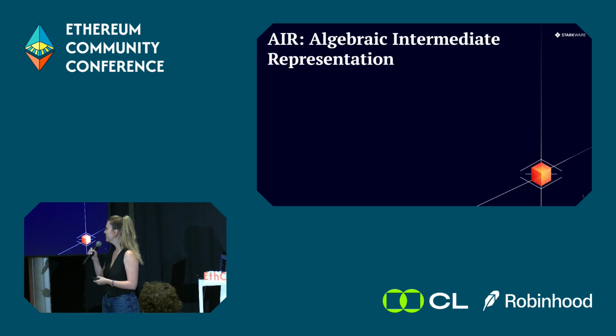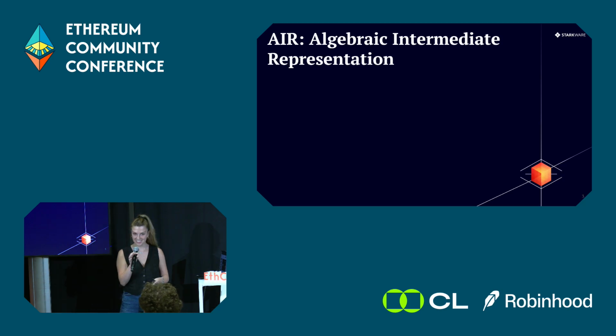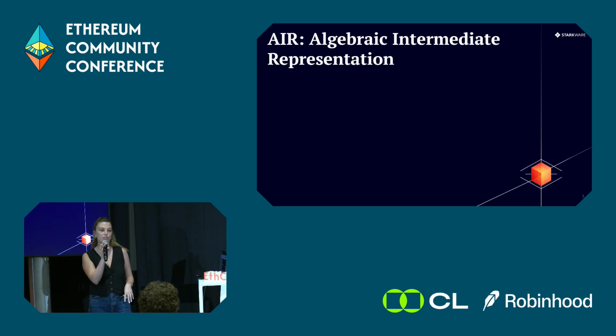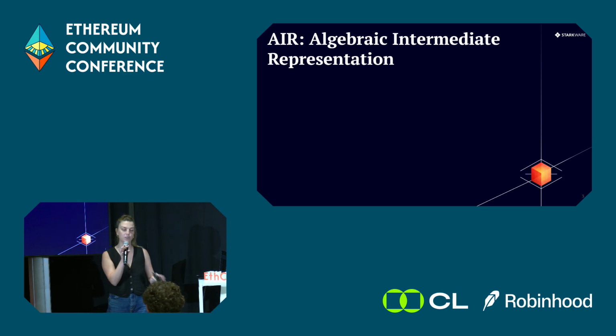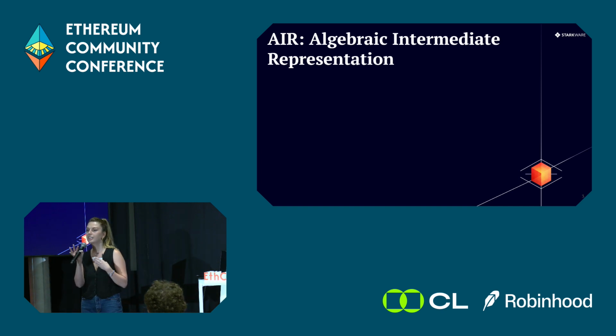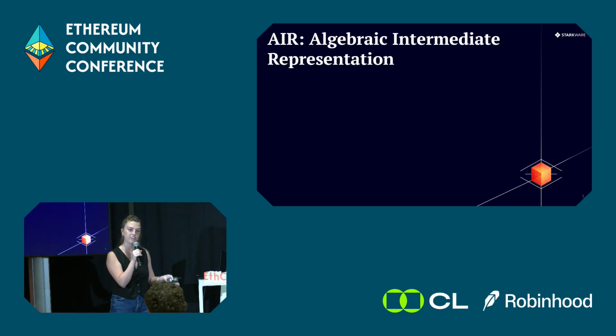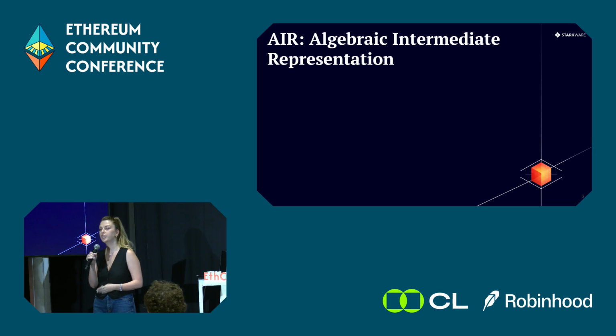If you're new to the zero-knowledge proof world, let me give you some context. In a zero-knowledge proof system, the prover's job is to convince the verifier that some statement is true, without revealing why it is true. And the verifier needs to check it with minimal effort.